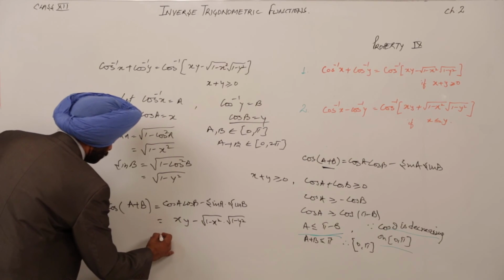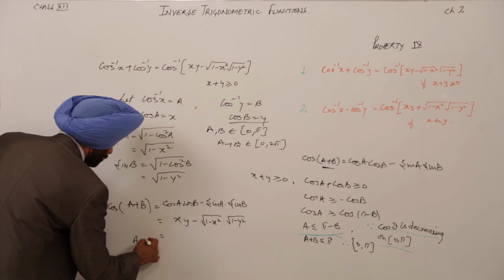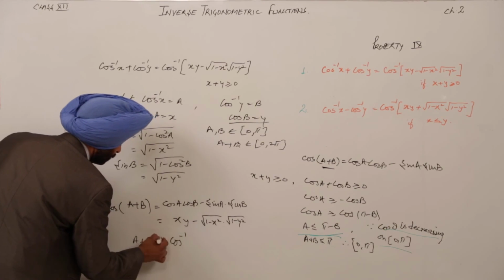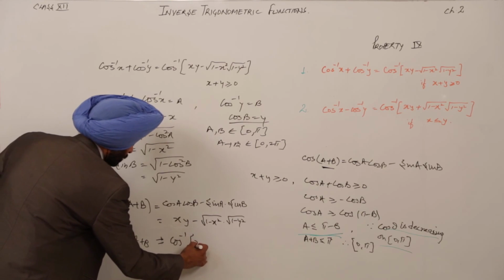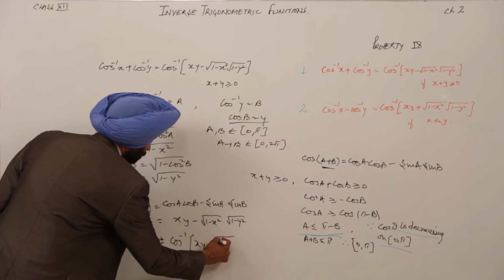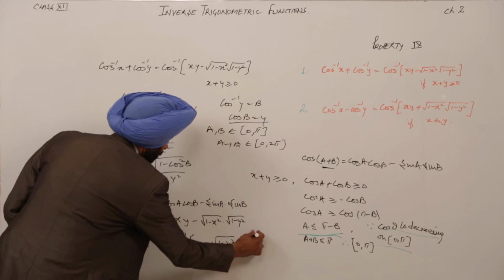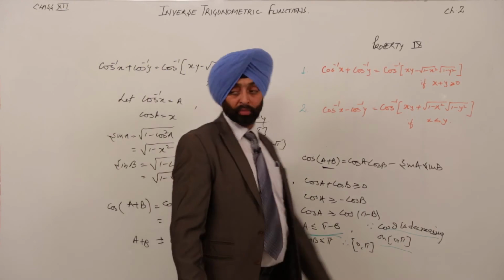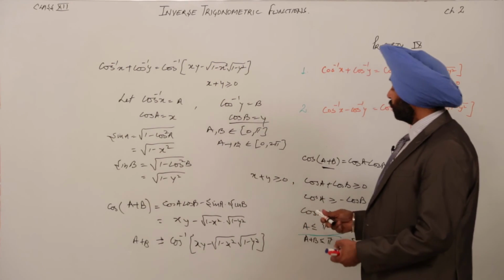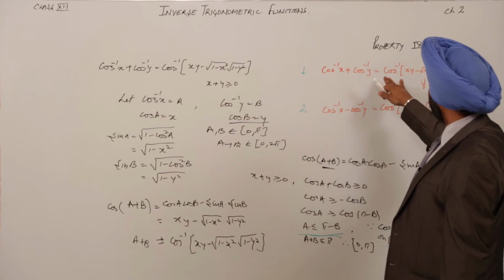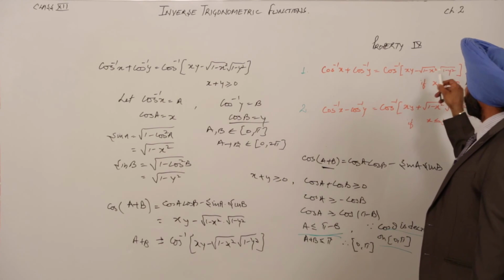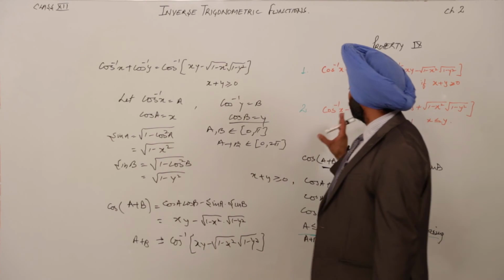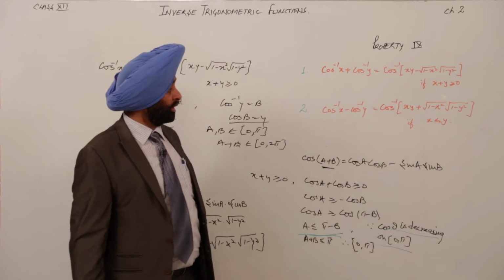Now we can write a plus b is equal to cos inverse of xy minus 1 minus x square 1 minus y square, and this is proved. Okay. So we have proved the property that cos inverse x plus cos inverse y is equal to cos inverse of xy minus 1 minus x square 1 minus y square. So this is the result, and now we are going to do some questions based on this property.